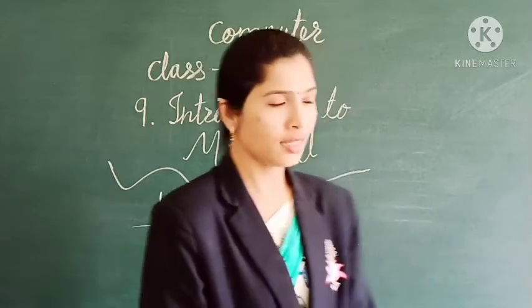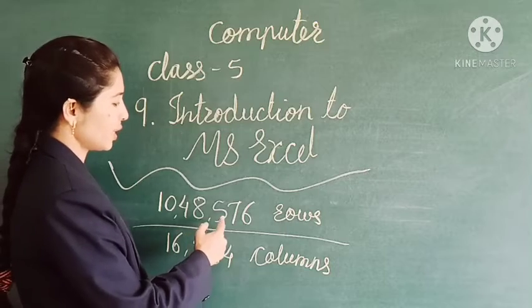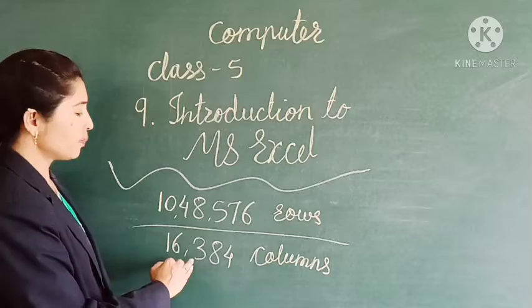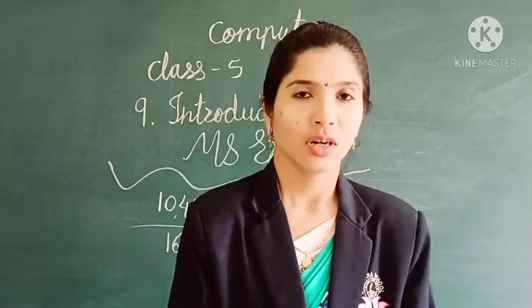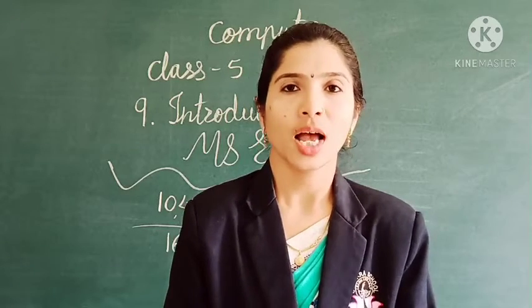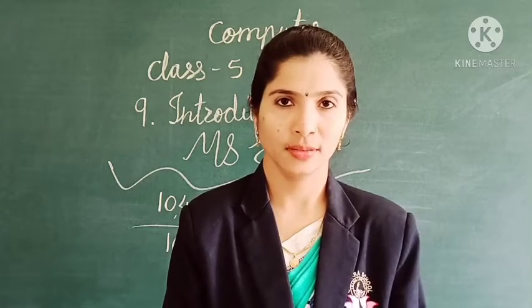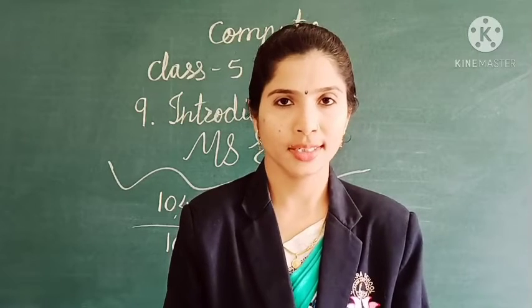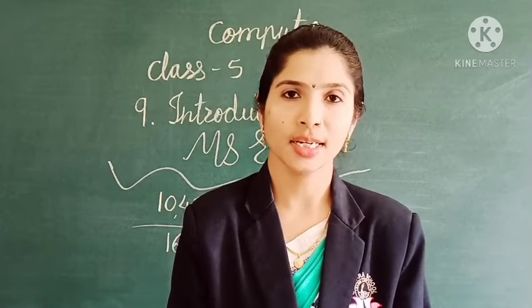A worksheet has 10,48,576 rows and 16,384 columns. In a worksheet, rows are numbered from top to bottom along the left side of the worksheet as 1, 2, 3. Columns are labeled from left to right with letters as A, B, C, D.